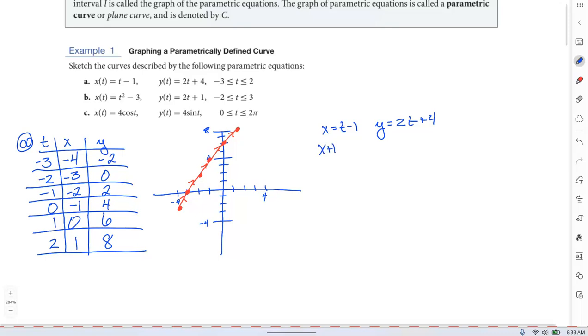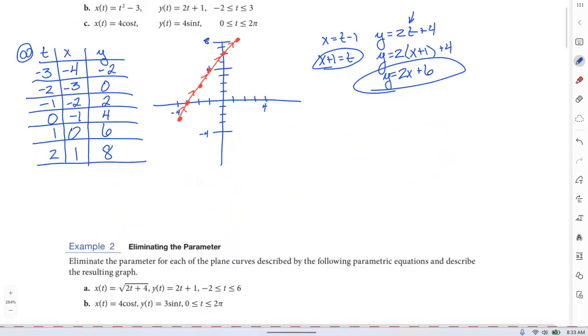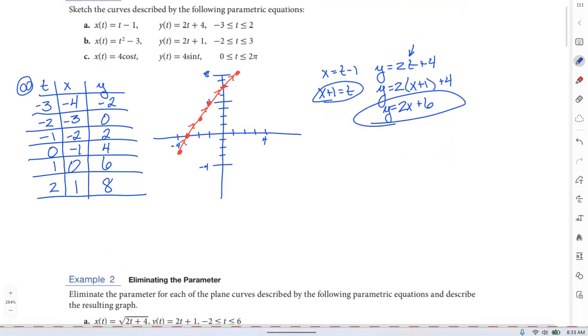So I'm going to have x plus 1 equals t, and now I have a substitution that I can plug in here. So y equals 2 times t, which is really x plus 1, plus 4. So I'm going to have 2x plus 2 plus 4, which is 2x plus 6. So if I wanted the xy equation, this line is represented by the function y equals 2x plus 6.